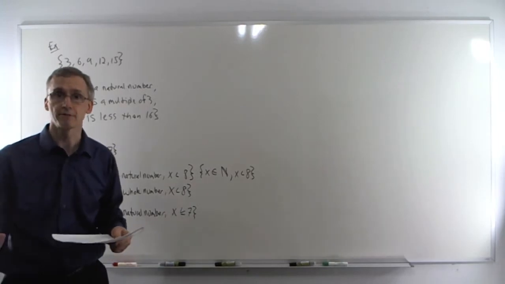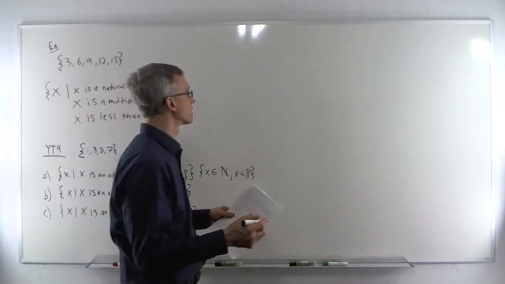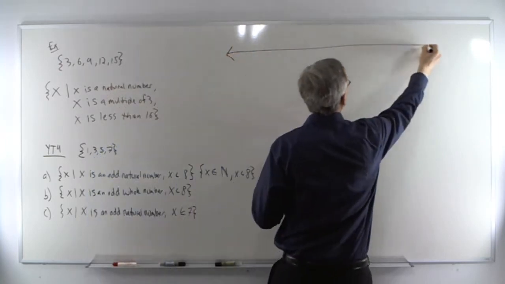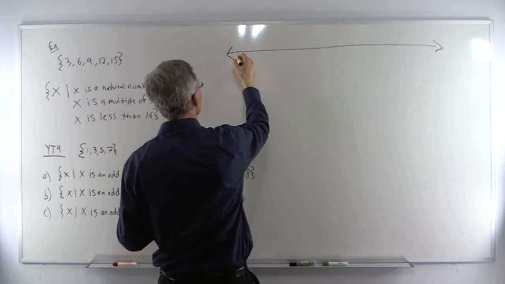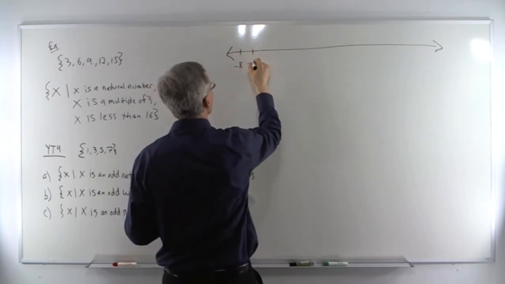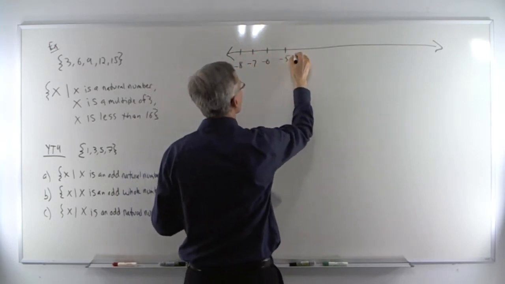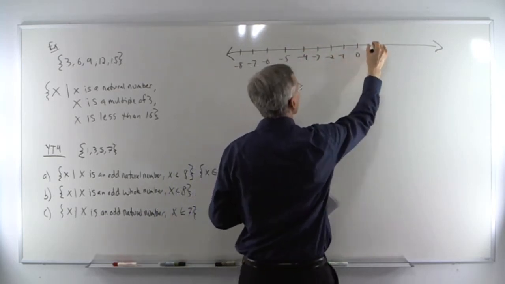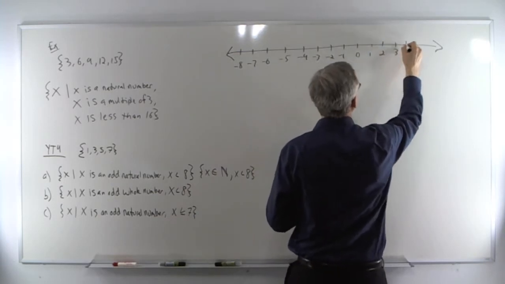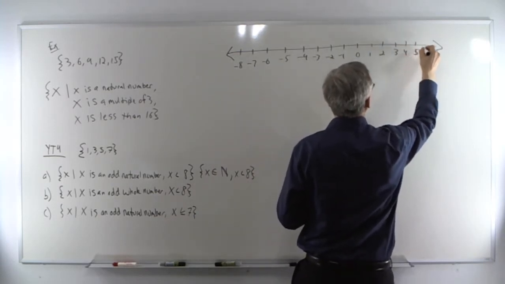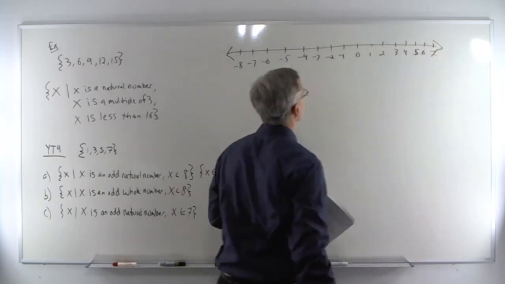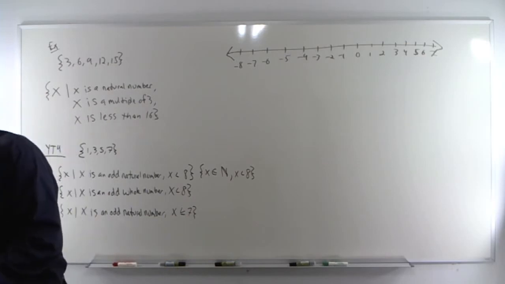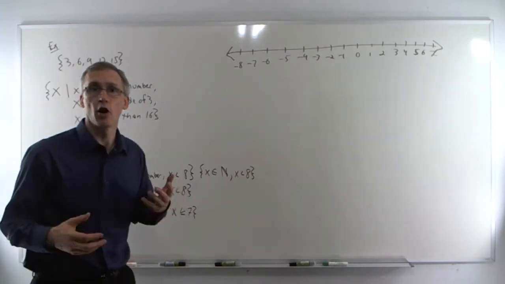Our next topic is absolute value. The absolute value is distance from 0 on the number line. Now, distances are always going to be positive.